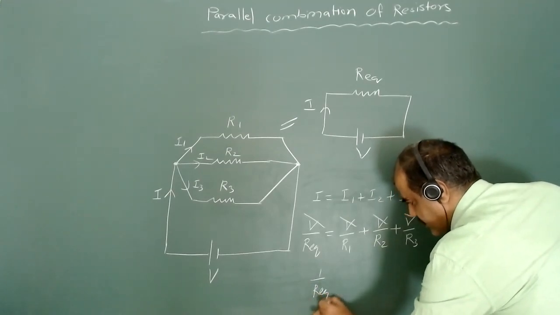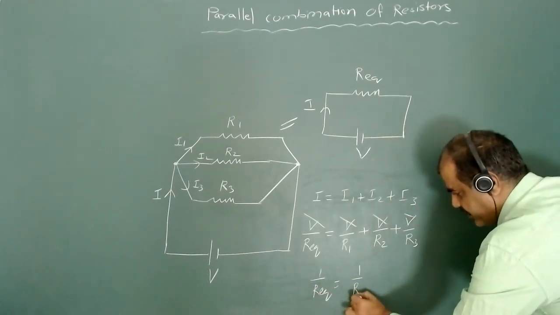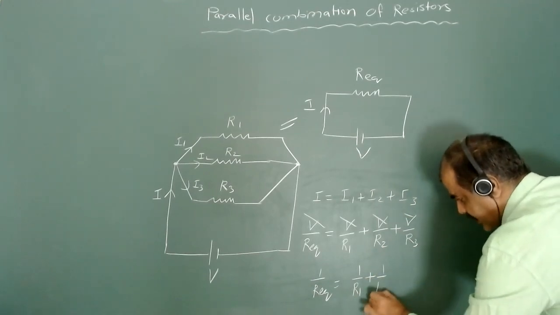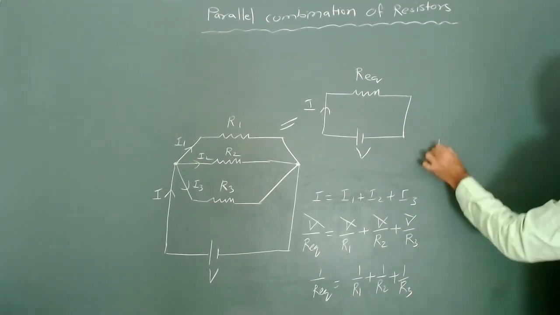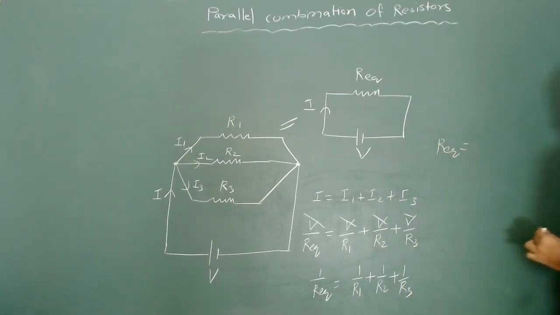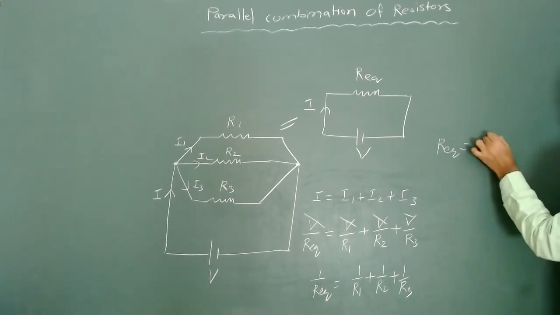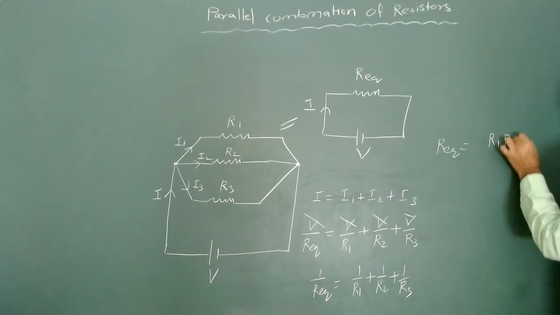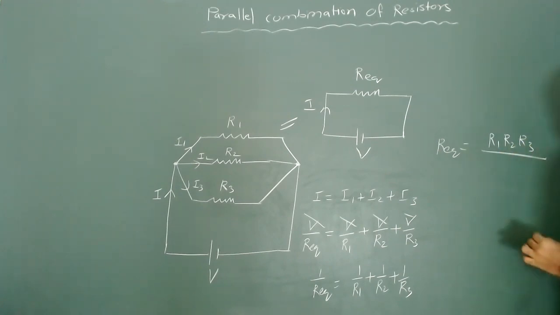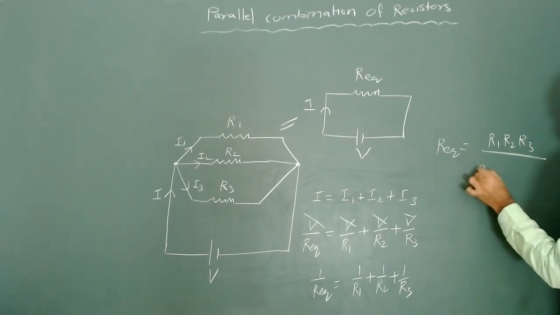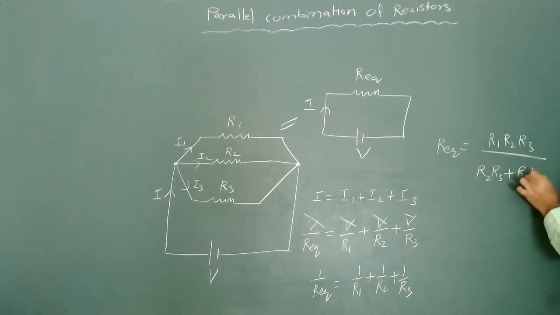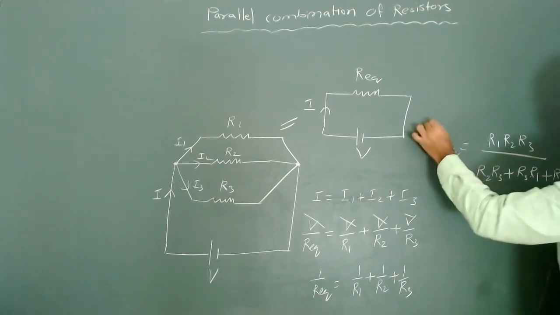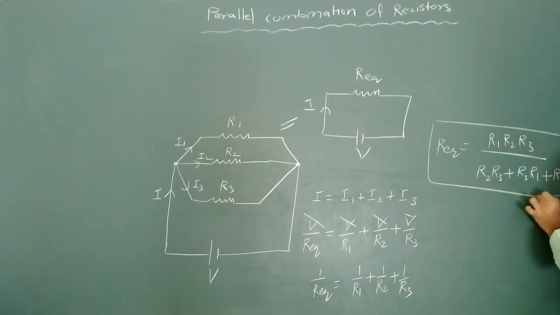So 1 upon R equivalent will be equal to 1 upon R1 plus 1 upon R2 plus 1 upon R3, and the R equivalent value will be R1 R2 R3 divided by R2 R3 plus R3 R1 plus R1 R2. This is the total resistance in the circuit.